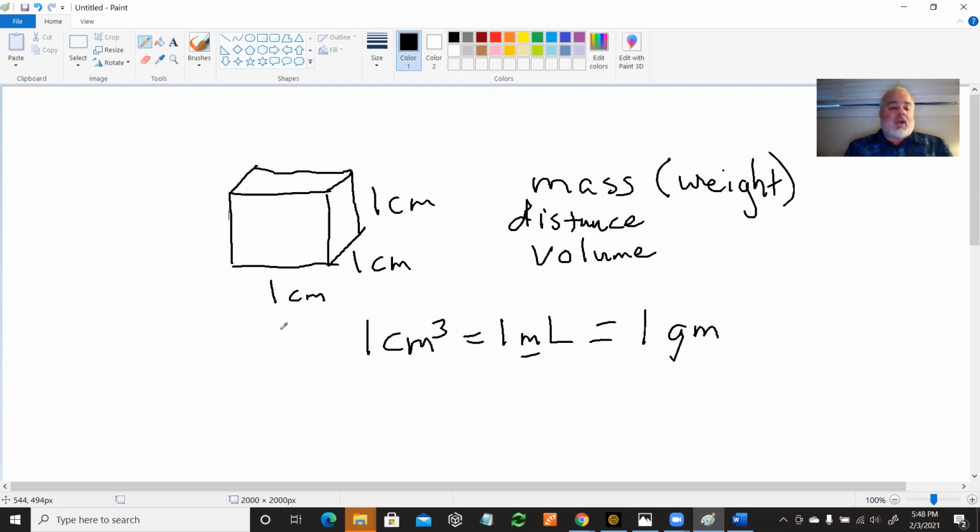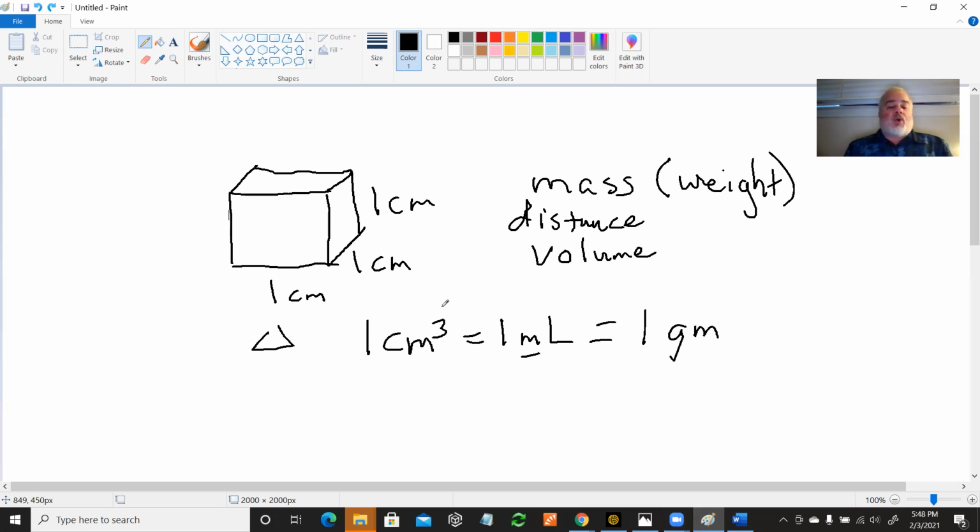What if I were to put some heat under that? That's supposed to be a triangle. The triangle in chemistry represents heat.